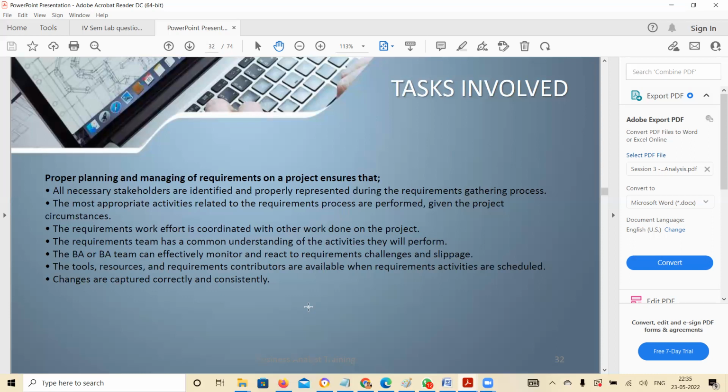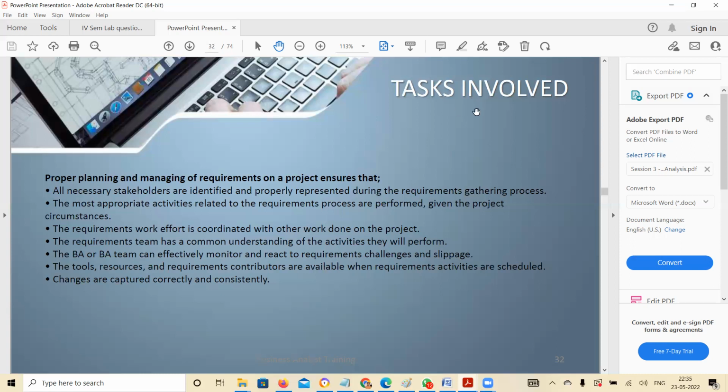So the stakeholders should share a common interest, and the BA team should react to requirement challenges and slippage as early as possible, and also identify which tools and resources are required by the contributors to schedule the activities. And whenever changes occur, we need to capture them correctly and consistently.